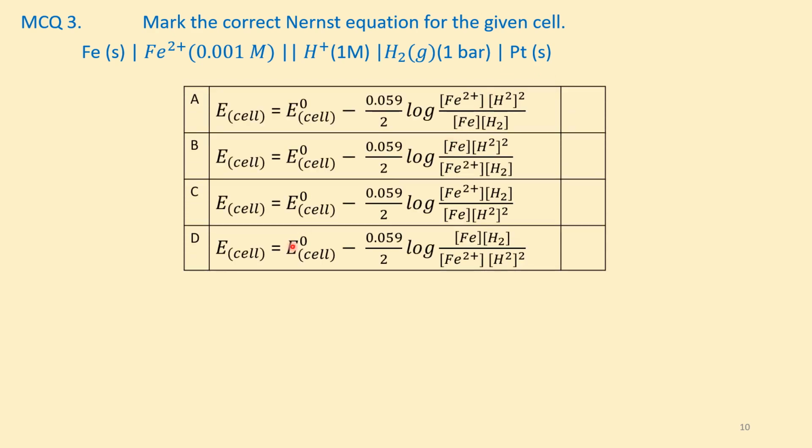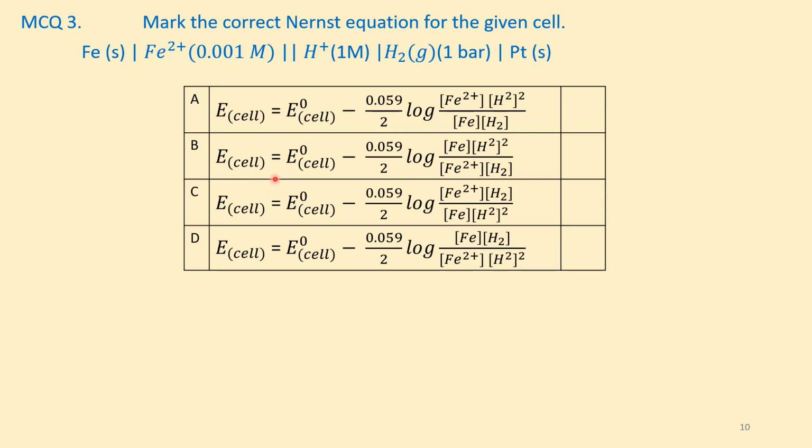You have four options. Option A: E cell equals E naught cell minus 0.059 divided by 2 into log to base 10 of Fe2+ into H+ squared divided by Fe into H2.